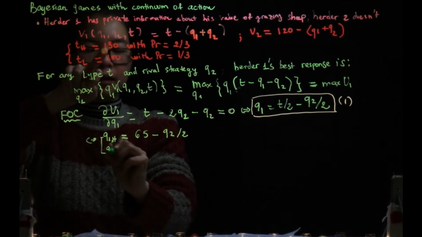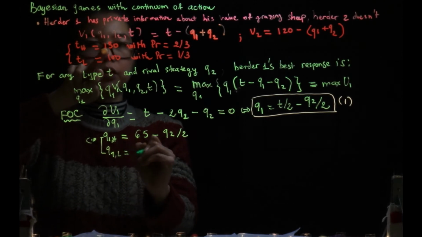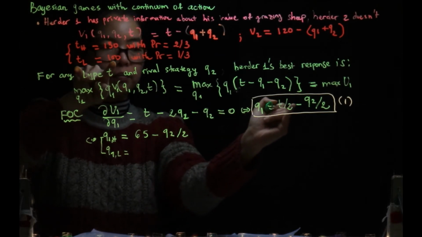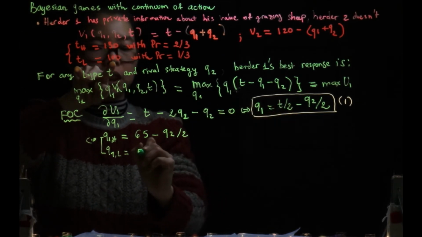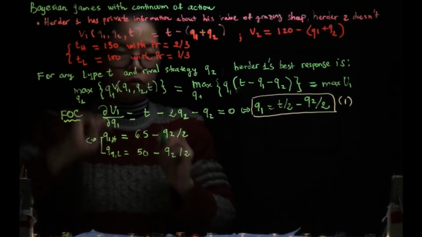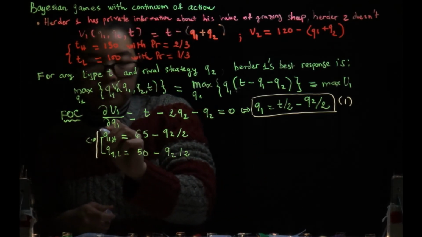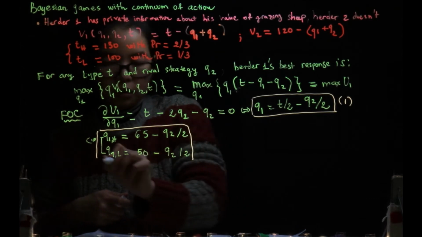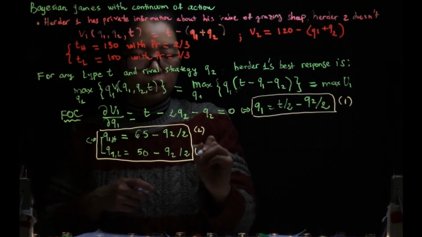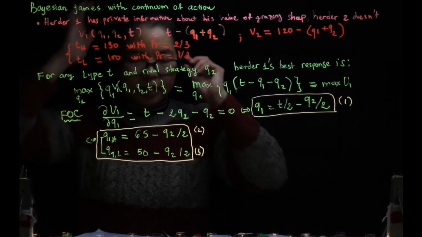And q1 low equals t low, 100 divided by 2, 50, minus q2 over 2. Another box, just save it for later use. So that is 2 and that is 3.